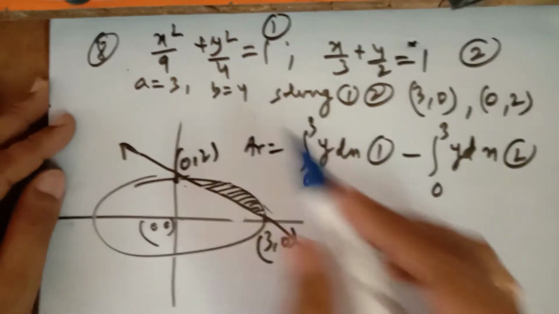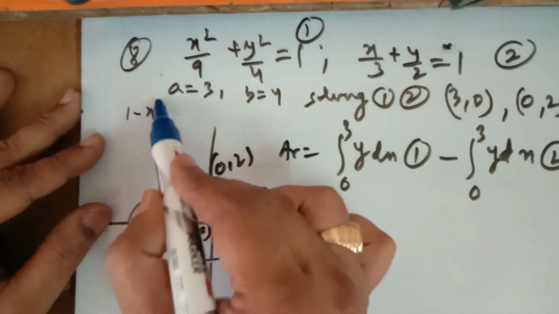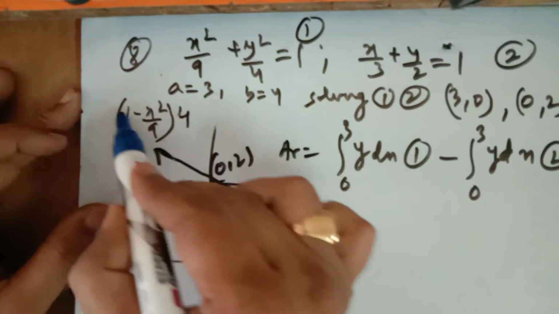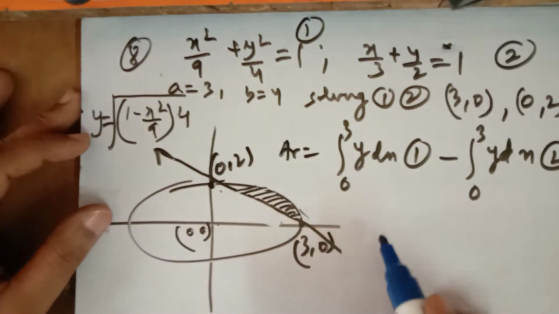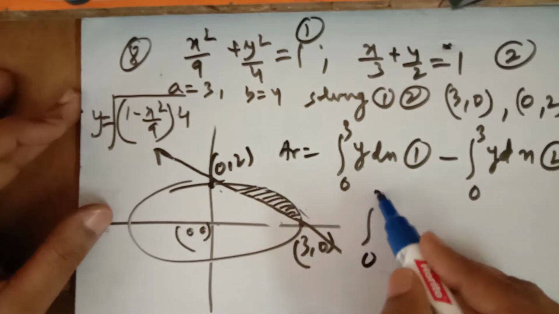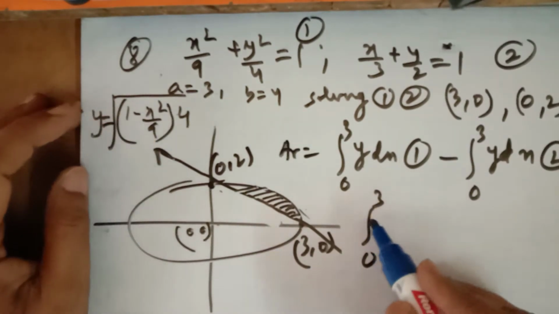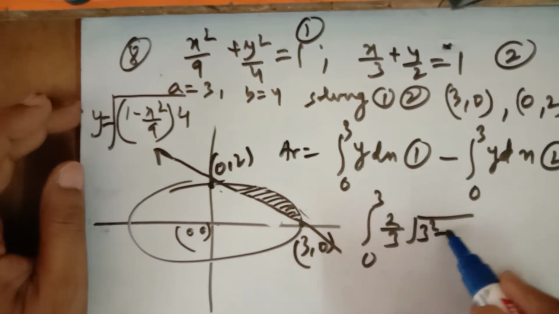Now put the values of y. If you see it, you can find it here. It will be the square root of (1 minus x square upon 9) into 4. So this is the value of y, which is coming out to be 2 upon 3 under root of (9 minus x square), that is, 2 upon 3 under root 3 square minus x square.